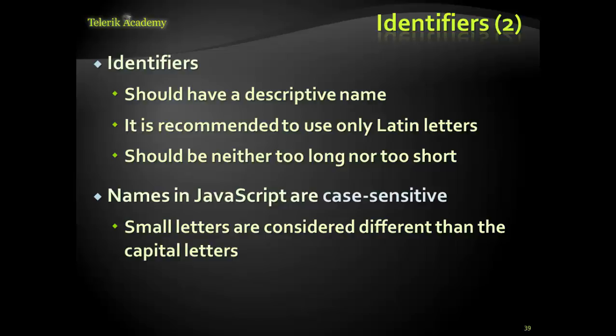It goes without saying, when you're putting variables, give them names that have some meaning, especially something that will be in context of what they're used for, so that somebody who comes to see your code will understand why you're using a variable there and what's the meaning of it. Don't put it too short, don't put it too long. Use Latin letters because you don't know who's checking your code. And variables are case sensitive in JavaScript, just like in C# or Java. So you need to be aware that your variables are used with the right casing.